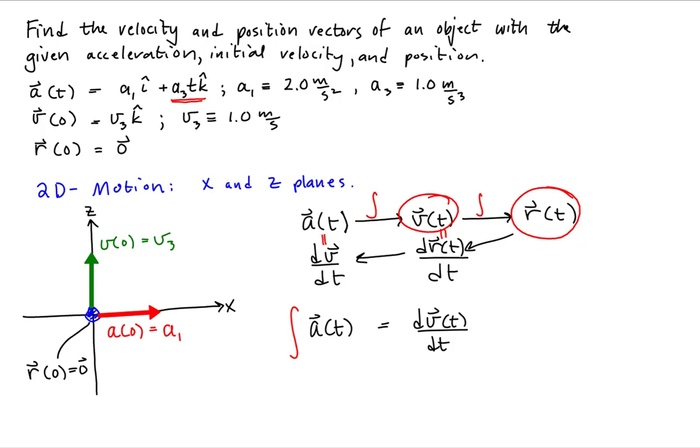If we then integrate both sides from t naught to t, with respect to t, we see that the left side becomes the integral of dv of t, with limits from our velocity at the initial time to our velocity at the final time.